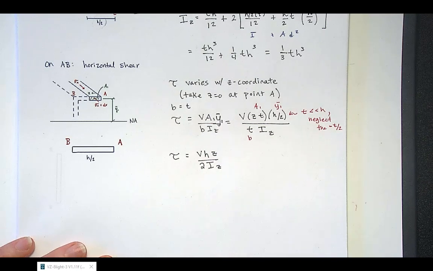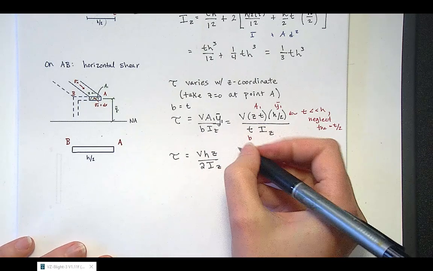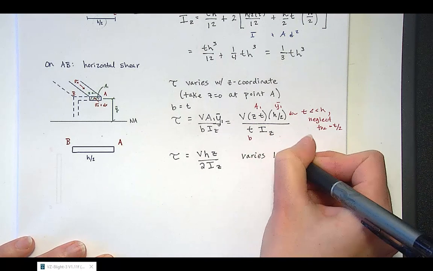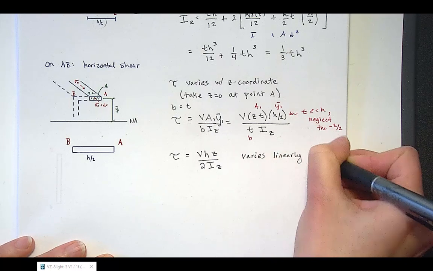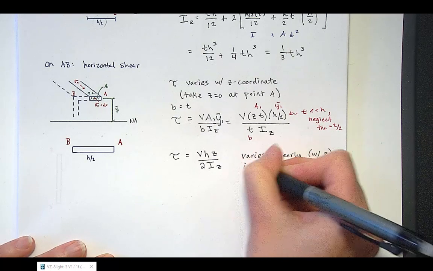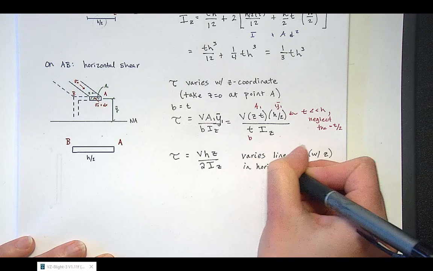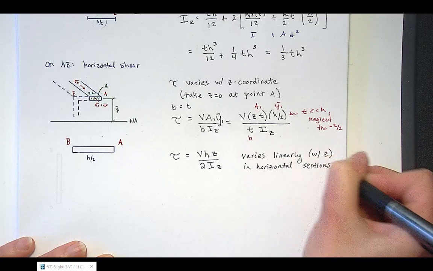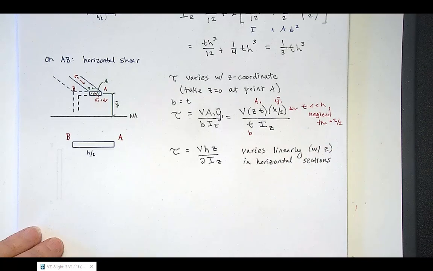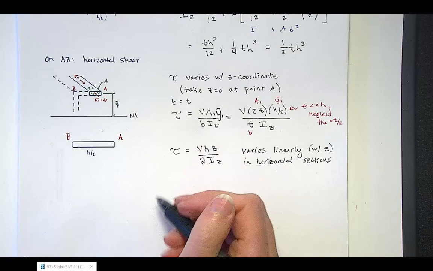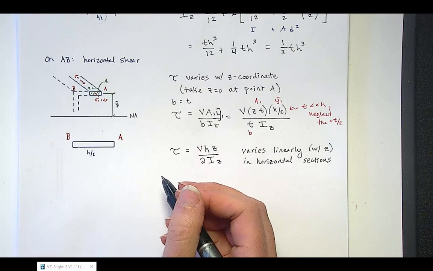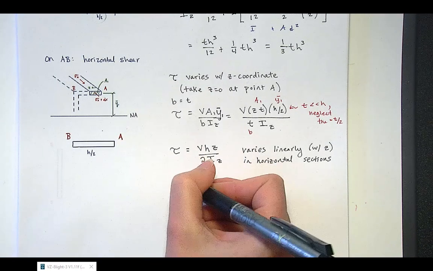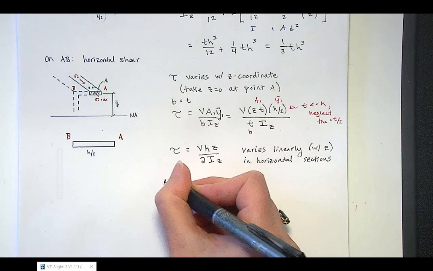So we can see that the shear stress varies linearly in horizontal sections with Z. So now we can calculate the shear stress at points A and B. We know that at A it should end up being equal to 0, so we should confirm that.